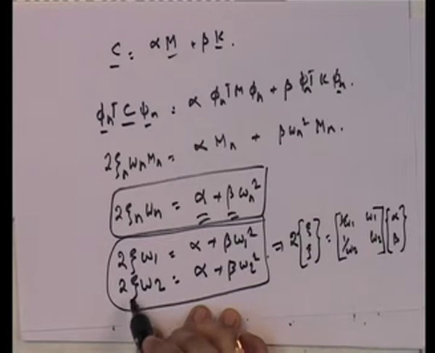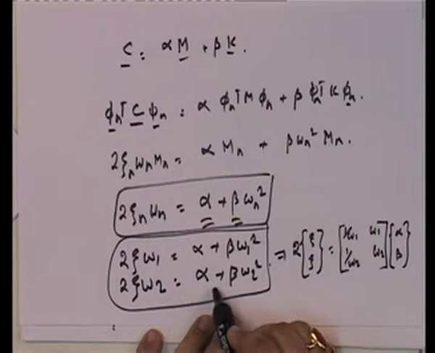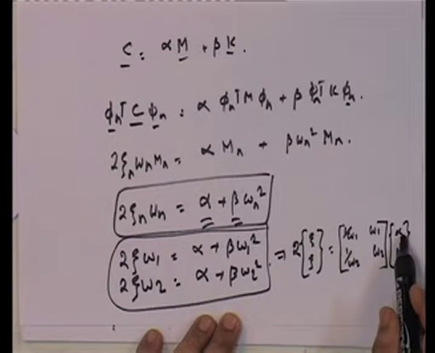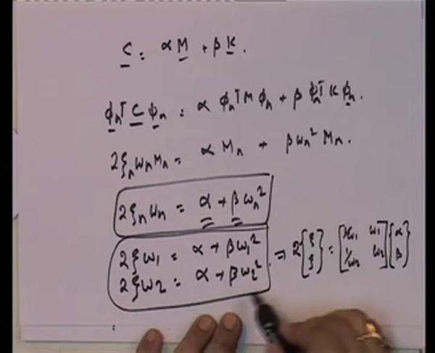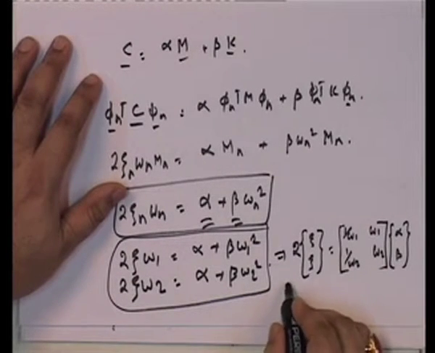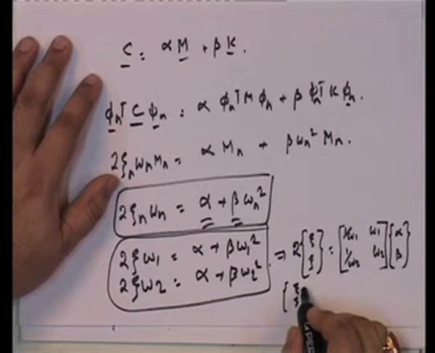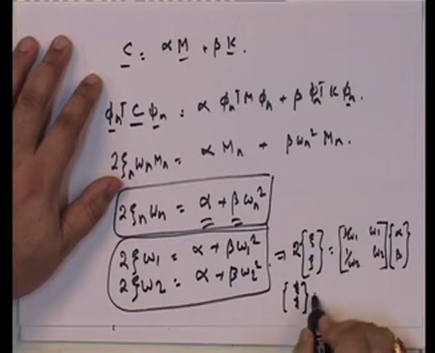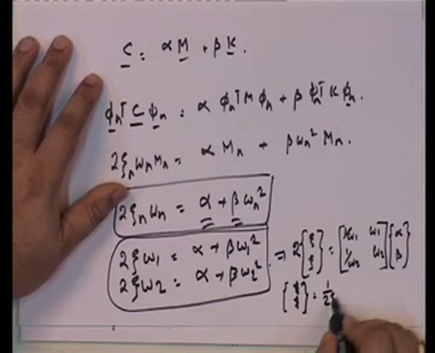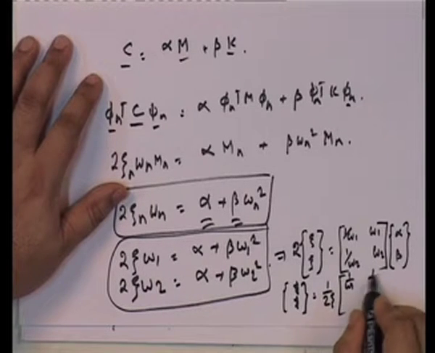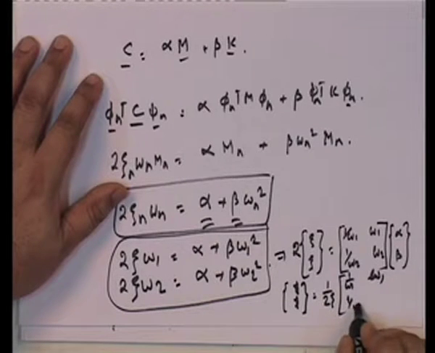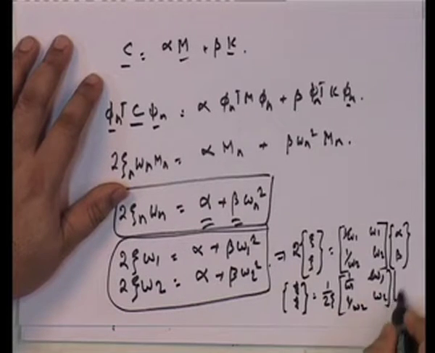The bottom equation is 2 xi is equal to alpha upon omega 2 plus beta omega 2. So, I can put 1 and 1 here, 1 upon 2 xi, and I can solve for alpha and beta from here. So, what have I done? Let's look at it.